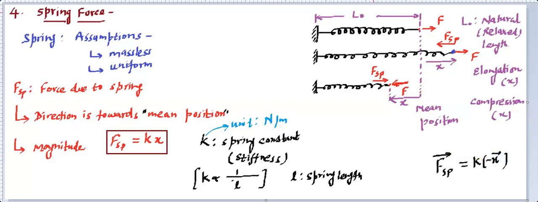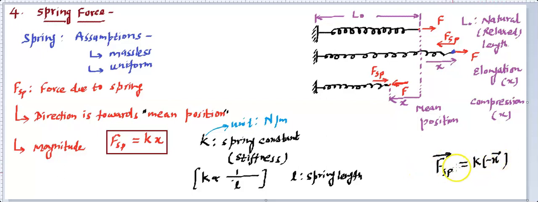Can you think of why I'm writing minus x vector? We write minus x vector because the direction of force is opposite to the x direction. Whenever there is opposite, you can write a minus. Here you see x was in this direction, F_sp came in the opposite direction. So we write F equals K minus x vector.